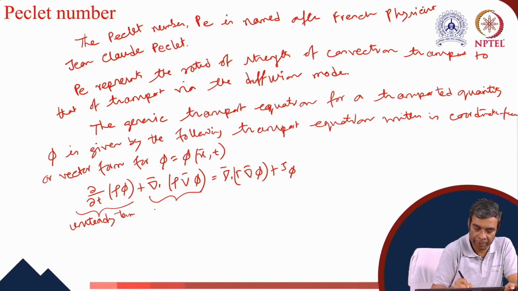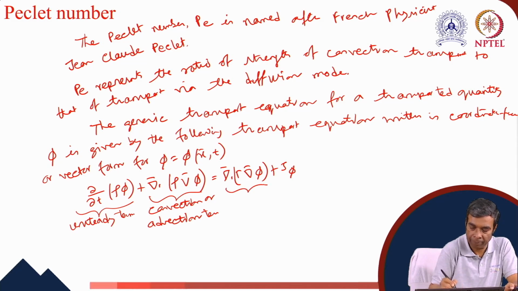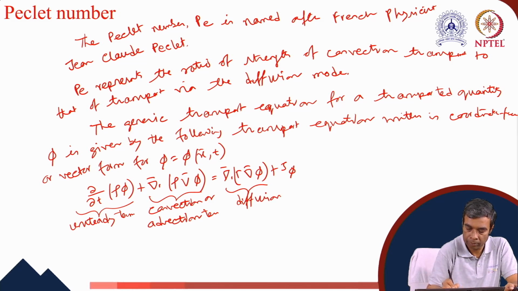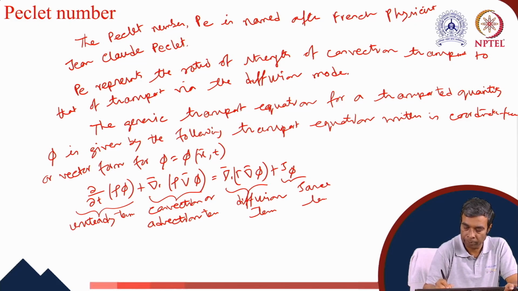The second term represents the convection or advection term. The third term, or the first term in the right hand side, represents the diffusion term. And the last term represents the source term.